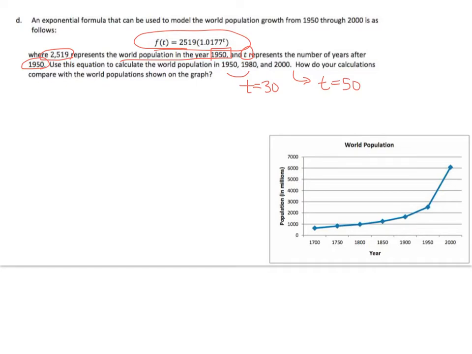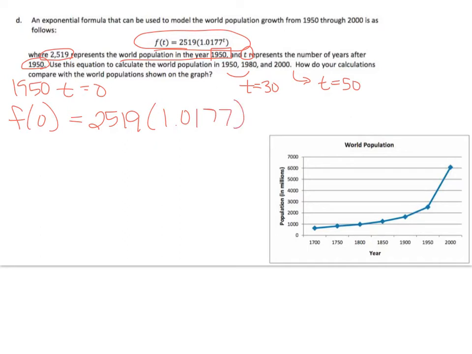So if I look at 1950, that'd be T equals 0, f of 0. I have 2,519 to the 0. So this actually becomes 1, calculates to 1, so that is my answer.